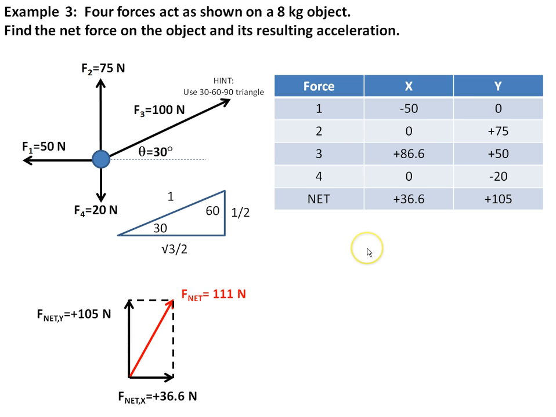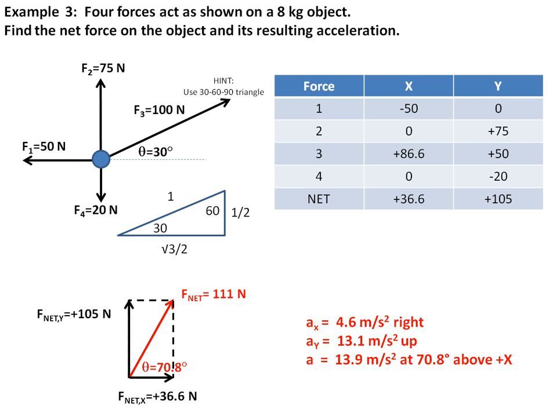When you look at the net force, it should come out to 111 newtons. Okay, and it looks like I forgot to include the angle in the picture. There it is, 78.8 degrees above the x-axis. And you've got your acceleration components and the overall acceleration also shown on the screen. So hopefully you did okay with that.